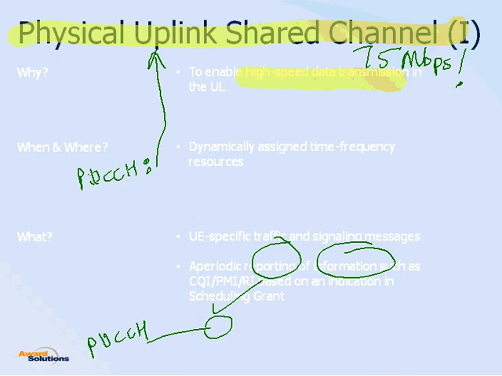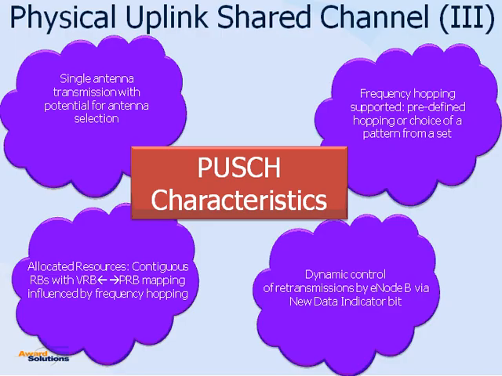Let's take a look at some other characteristics of the uplink shared channel. On the uplink shared channel, only one antenna will be sending. In the downlink, we have multi-antenna transmission, so the base station can send data to the user using up to 4 antennas. However, in the uplink, only one antenna will be sending out the signal, not multiple. We can do frequency hopping.